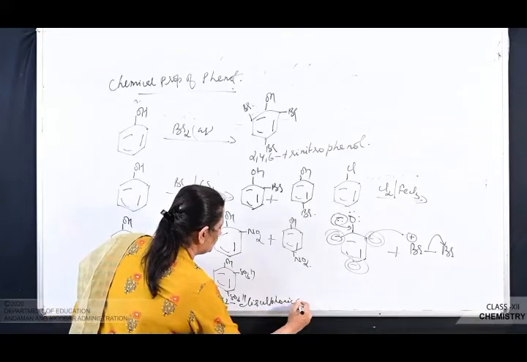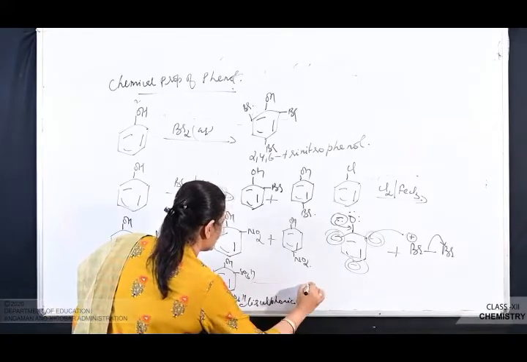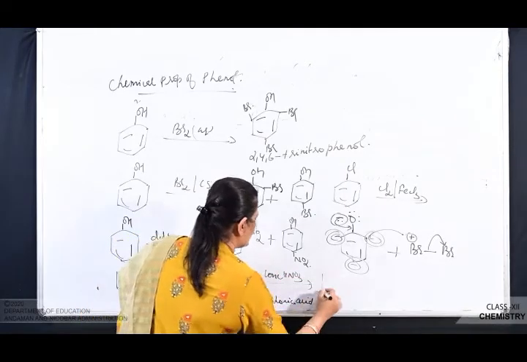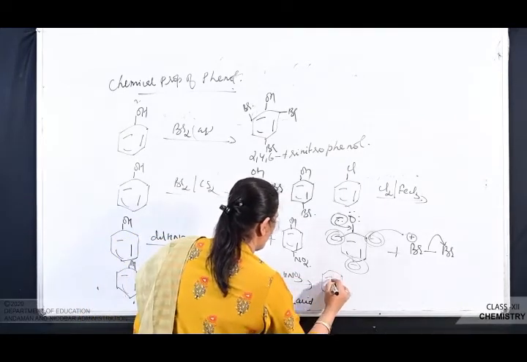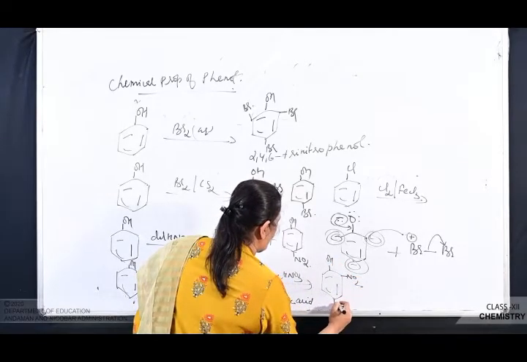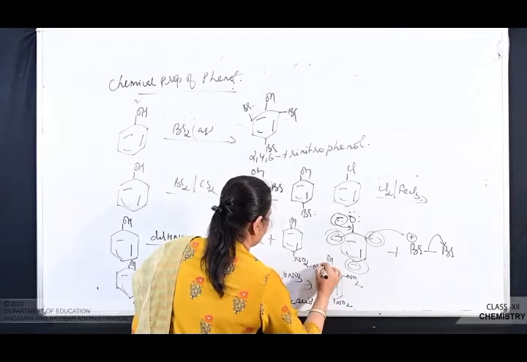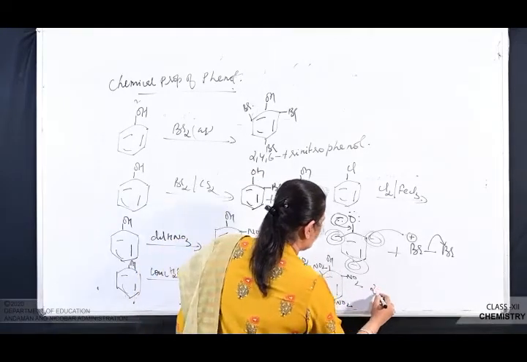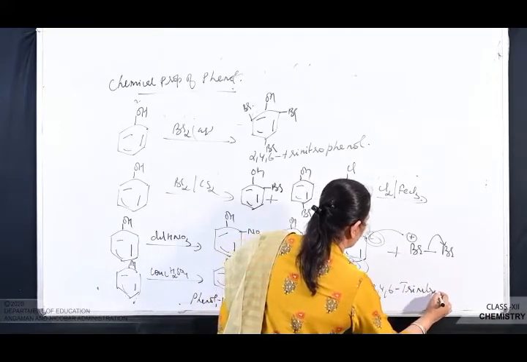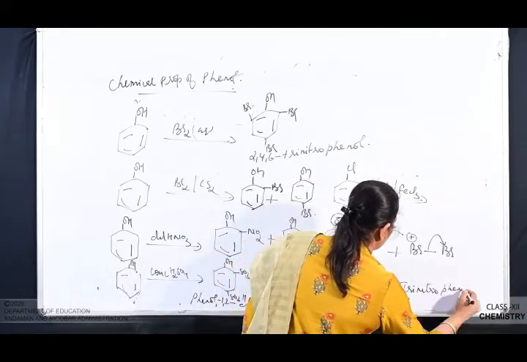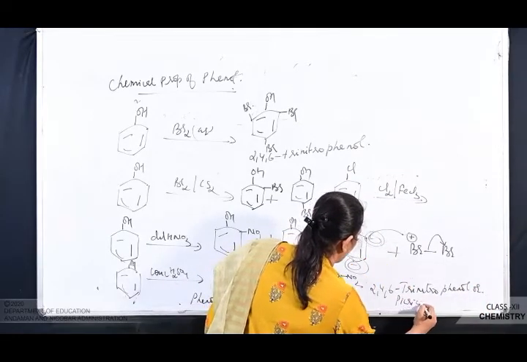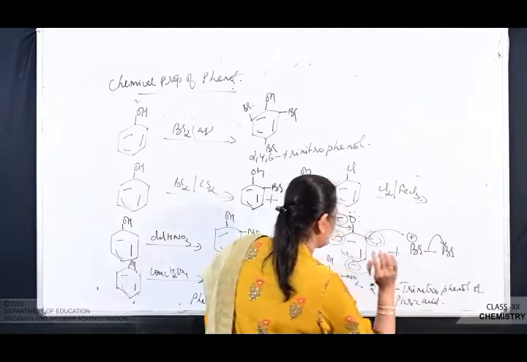This is then treated with concentrated HNO3 and the sulfonic groups are being replaced by nitronium ion. So you are getting 2,4,6 trinitrophenol, or this is also known as what? Picric acid. Is it clear?